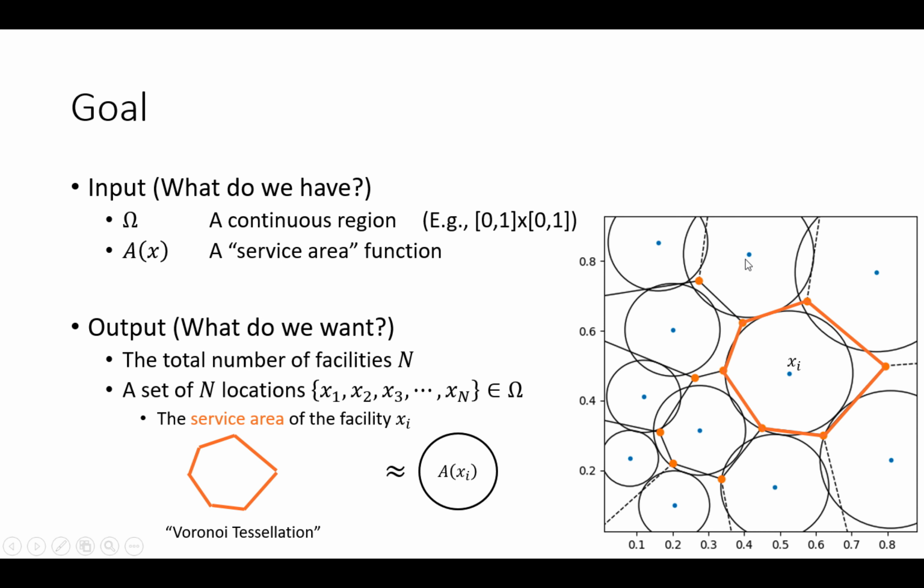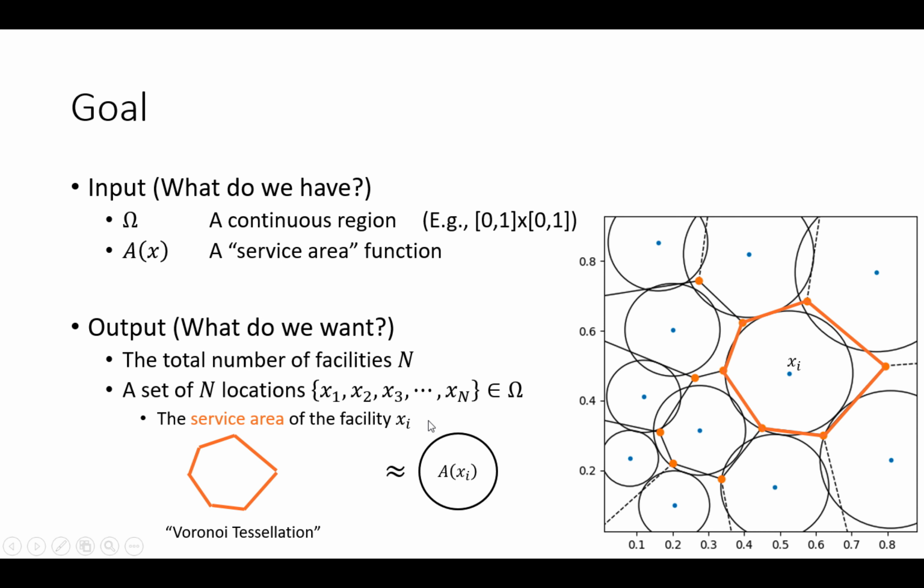So this point belongs to the service area for this blue dot. So you can imagine how this Voronoi diagram is constructed. For example, let's look at this line. This line is the perpendicular bisector of these 2 points. Of course, in terms of algorithm, there are certain ways to finally construct this shape, but you should know the boundary between the 2 service areas is defined by the perpendicular bisector of the line connecting the 2 centers.